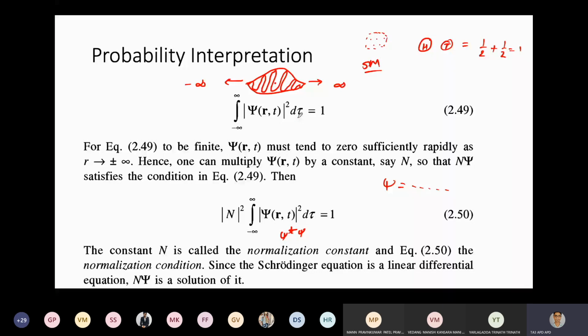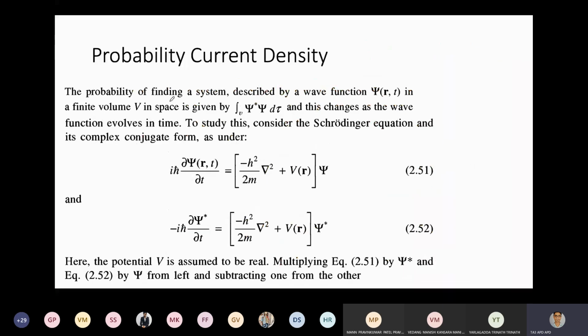Okay, but this probability of finding the system actually changes as the wave progresses, है ना? जैसे ही wave आगे बढ़ेगा in time, this probability will change. So what to do? In that case, what one should do is generalize the whole concept of this probability in terms of something called probability current density.